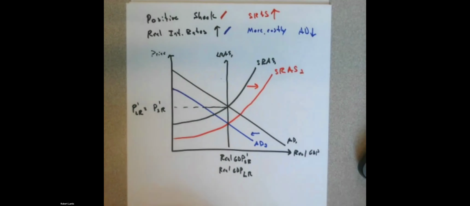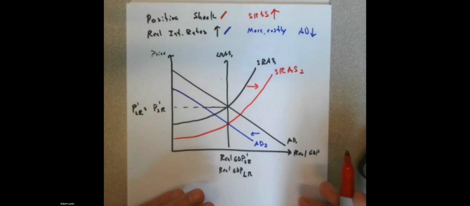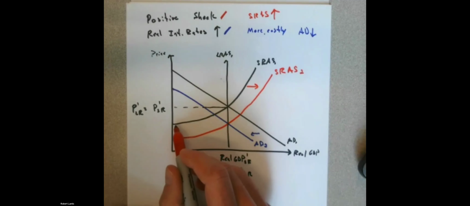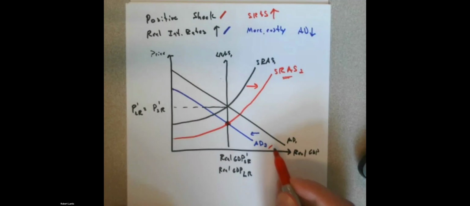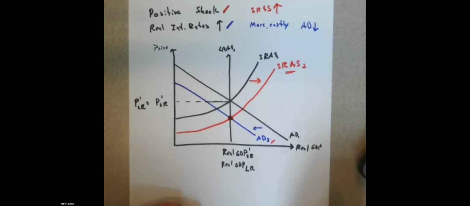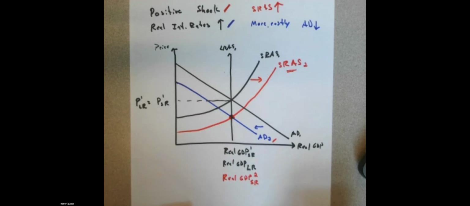Okay. So if this is the case, where is our new short run price and where's our new short run real GDP? Well, notice the point where my short run aggregate supply is equal to my new aggregate demand, I actually end up at the same level of short and long run GDP.